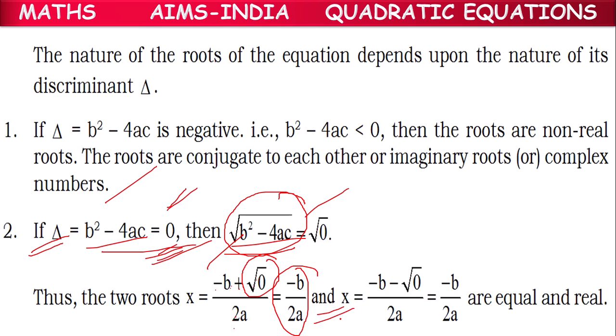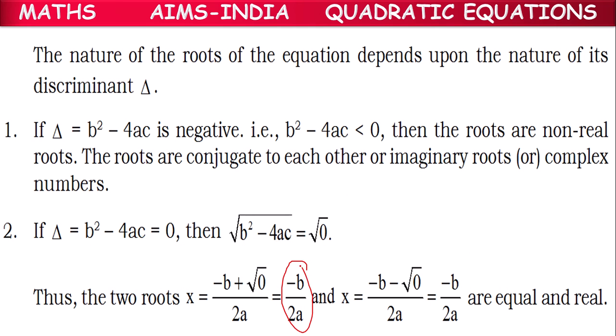Another value of x, minus b minus root 0, which is equal to 0, which is equal to minus b by 2a. The first root equals minus b by 2a, and the second root is also equal to minus b by 2a, which are real numbers. There is no imaginary number in this. Both are real numbers. Both are equal.